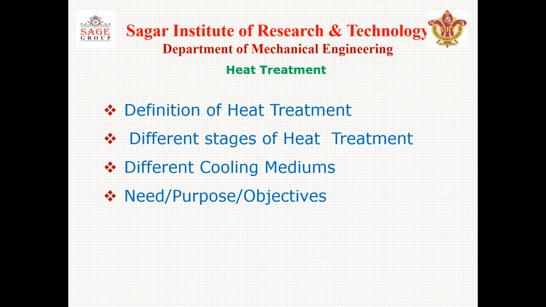These are used as per the requirement. And then, in the last part, we discussed the purpose or objectives of heat treatment. Why is the heat treatment process carried out? We saw 10 to 15 purposes of the heat treatment processes.